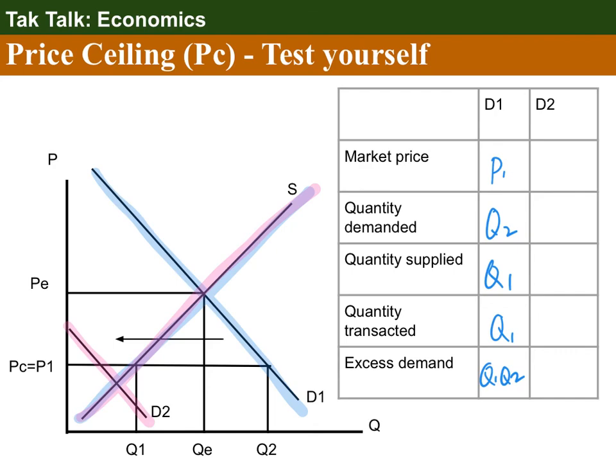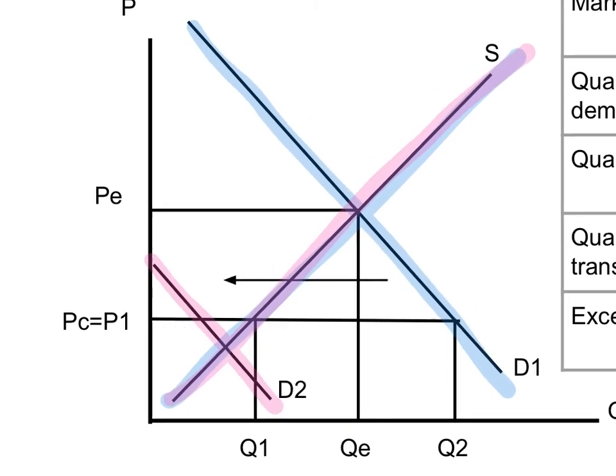Think about it. After we change the demand, the equilibrium point will change to here, the intersection between D2 and S. This change of the equilibrium point makes the price ceiling become above the equilibrium price. That means the forbidden zone should be above the price, right?